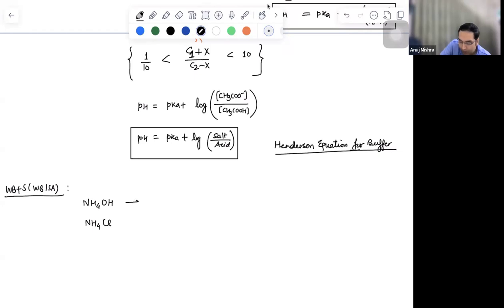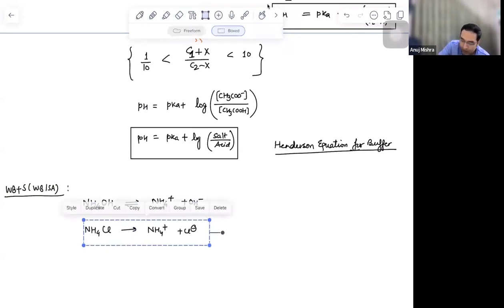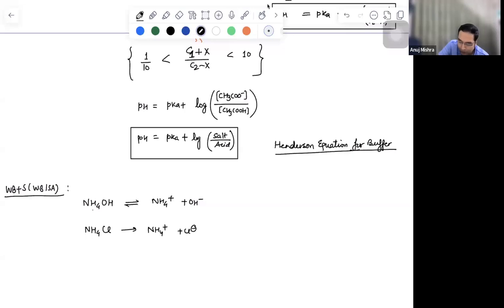How will you write the expression? This is NH4 plus OH minus. Please note down. This will be NH4 plus Cl minus. On similar lines, we will say that the first equation is C1 minus X, X. The second equation is C2, C2. The reason for this is that the second equation is a salt, and salt can go completely into disintegration.